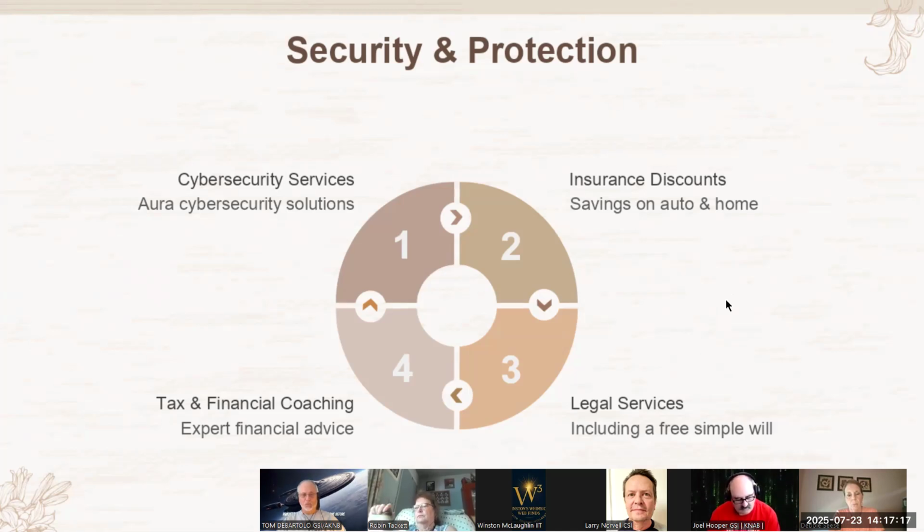Now, also, we have tax and financial coaching, expert financial advice, a lot of financial advice, and legal services, including a free simple will. That's always unique. Okay, so that's it for security, and there's always more too. This is just a brief overview.